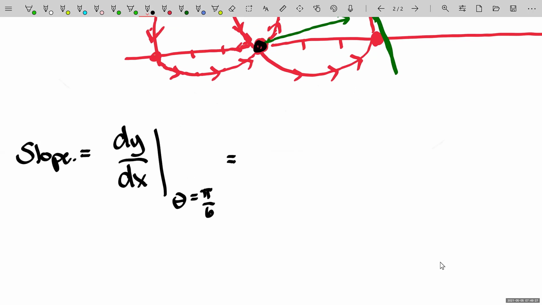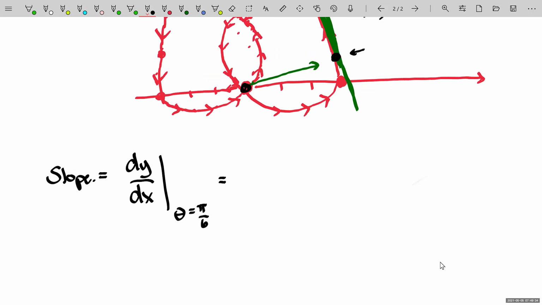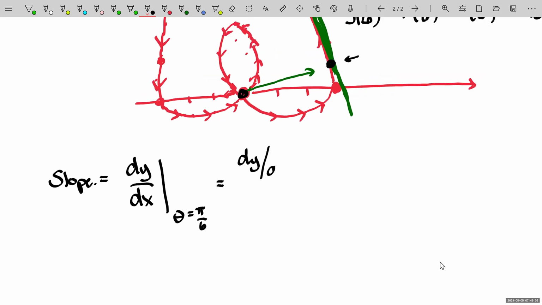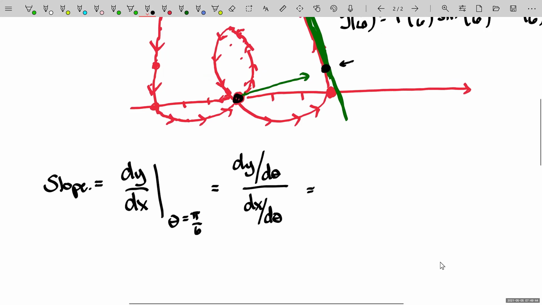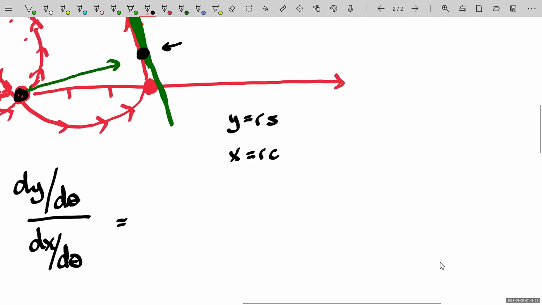Now, let's pretend for a moment that you've completely forgotten what the derivative of y with respect to x looks like for a polar equation. You could super quickly derive it. So dy d theta over dx d theta. I happen to know that y is r sine of theta and x is r cos of theta. So I know, just using the product rule, derivative of y with respect to theta is r prime sine plus r times the cosine.